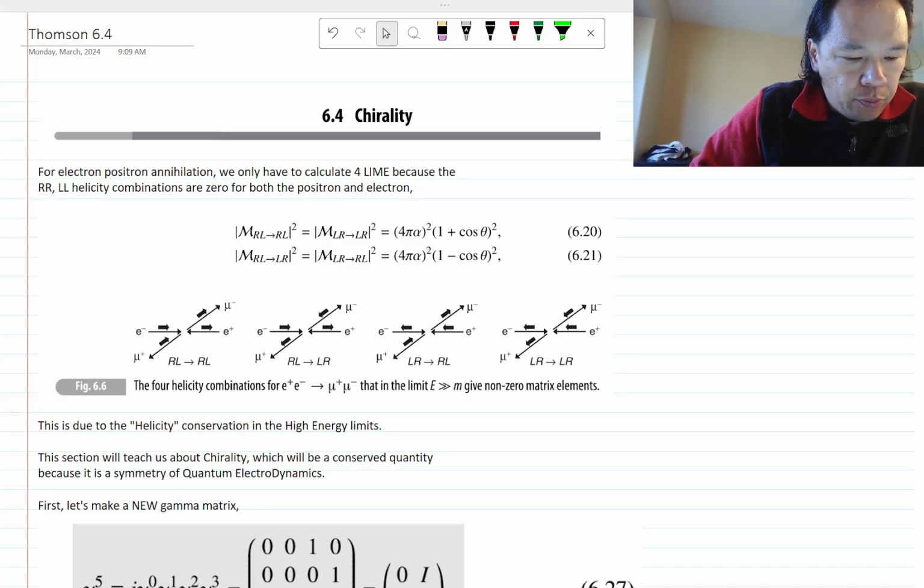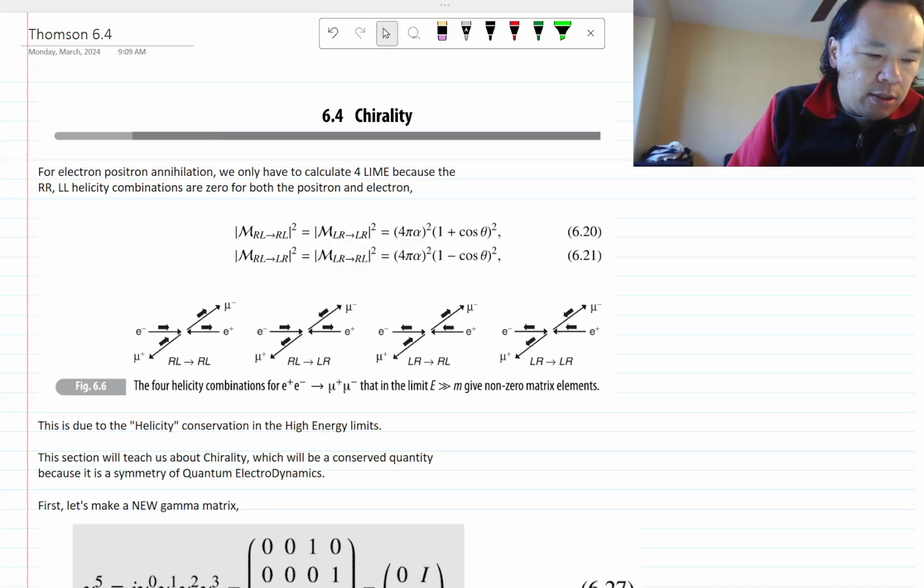It's going to tell us how quantum electrodynamics conserves chirality, and how chirality plays a role as a conserved quantity in quantum chromodynamics, which is what we're going to talk about next, the quarks inside protons and neutrons. It's also going to apply to the weak force, which is where we're aiming towards in order to get to the Higgs boson eventually.